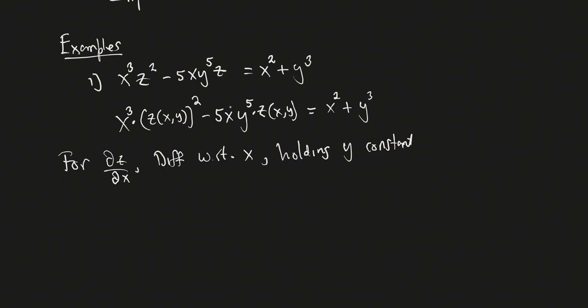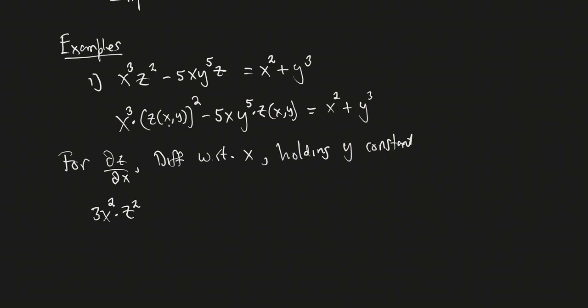But we still have a product that involves the 5x and then a function of x, which is our z, right? And then on this side, again, these will be relatively easy to differentiate. So let's go through and do our derivative with respect to x. So product rule here, first, the derivative of x cubed is 3x squared, and then multiplied by the second, so we'll have z squared.